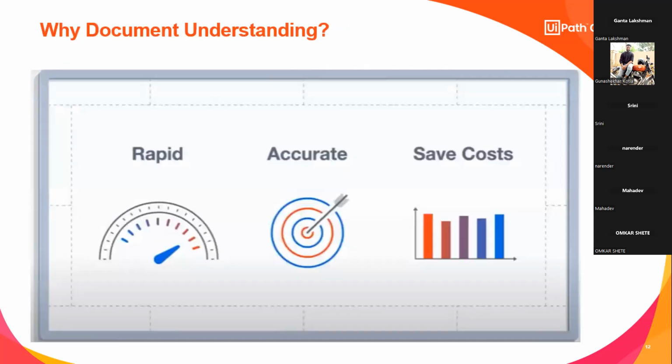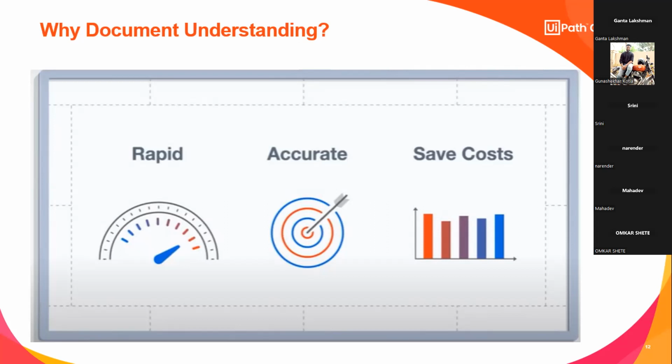Okay. So why document understanding is required in any organization is that it is very rapid to classify or understand the document. Okay. And it can have accurate results. And also it can save the cost, right?